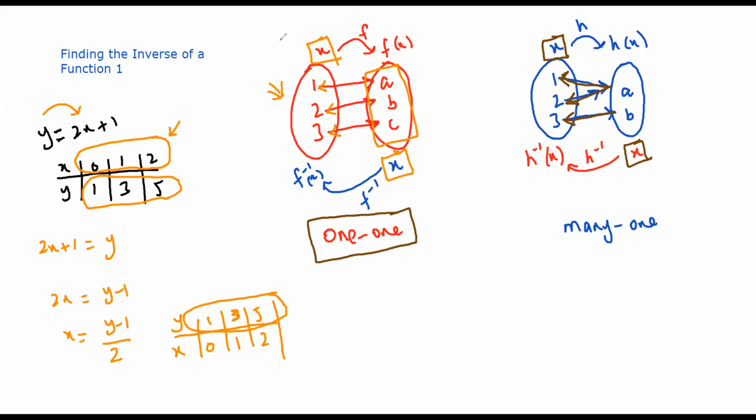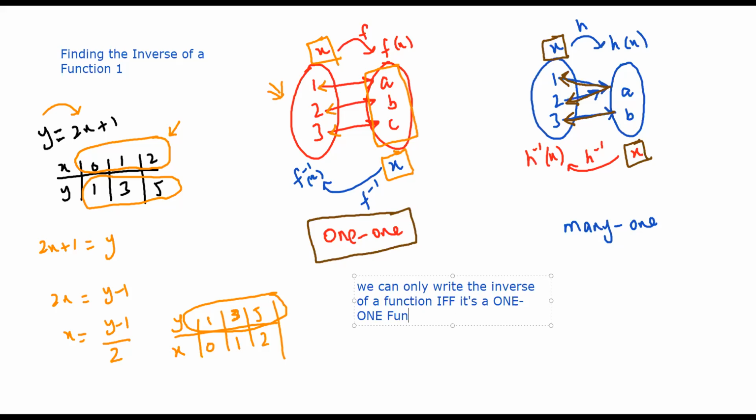We can only write the inverse of a function if it's a one-to-one function.